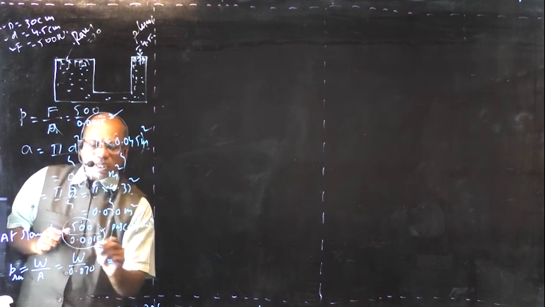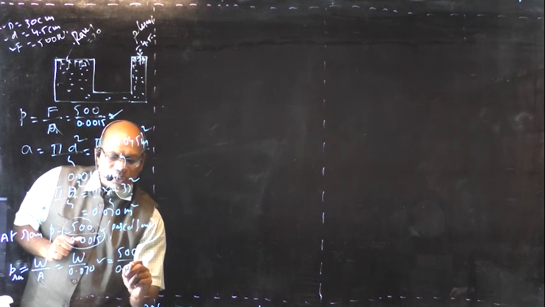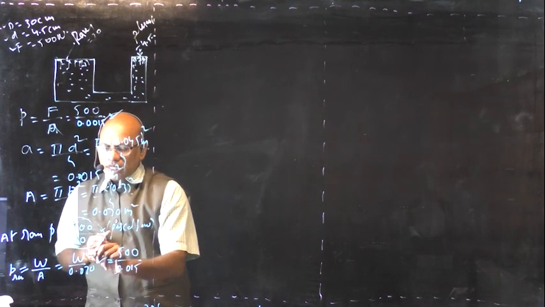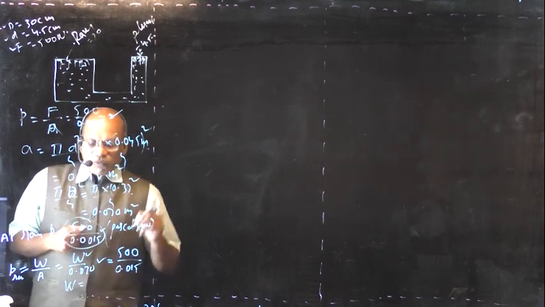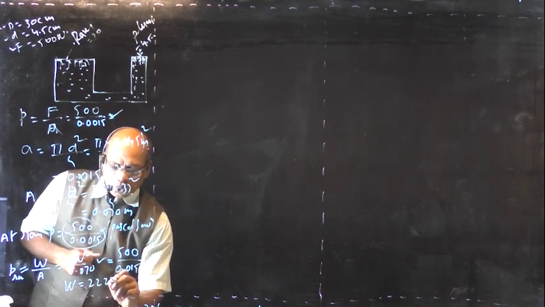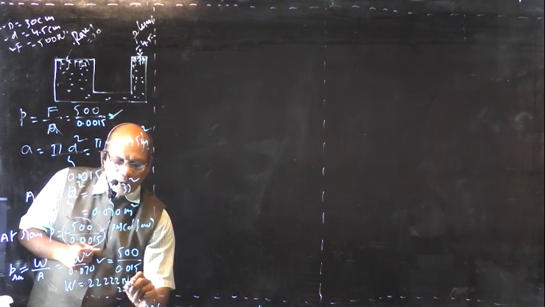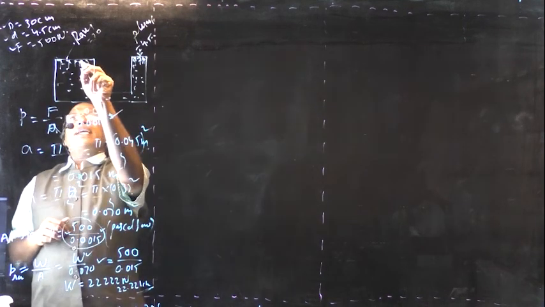Finally the unknown is W. Weight lifted at the ram, W, is equal to 2222 newtons or 2.222 kilonewtons. This is the weight lifted at the ram.